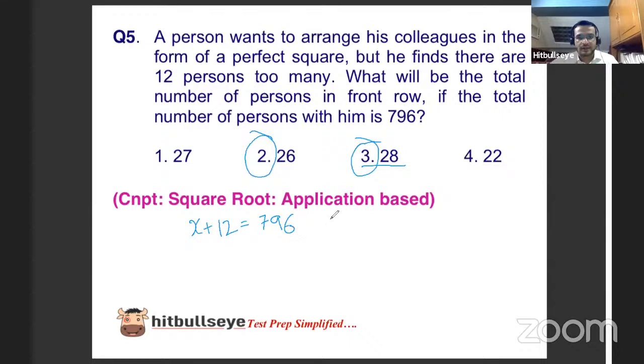This is the equation which will come out of this, isn't it? Or probably x squared is the value I'm looking for. So first of all, I'll subtract 12 from this 796 and see what value comes. 784. Now, what is the side of the square I am having? It is equal to the square root of 784. What is the square root of 784? Can you please confirm?